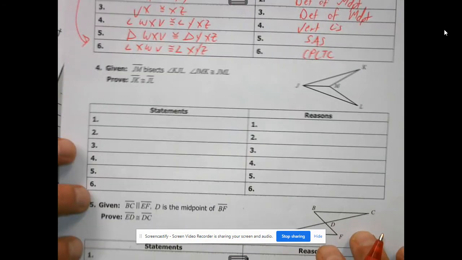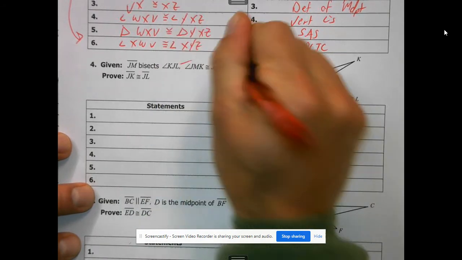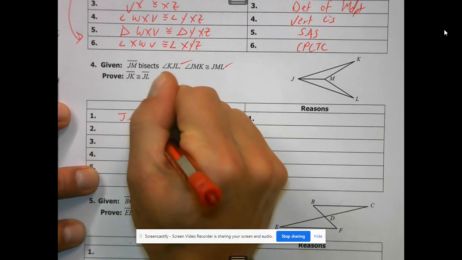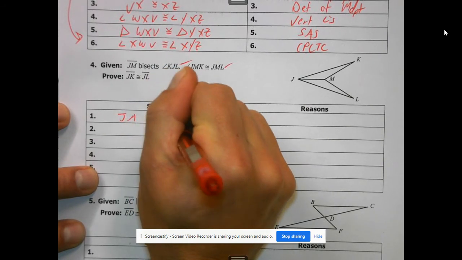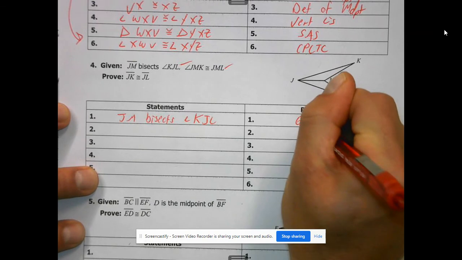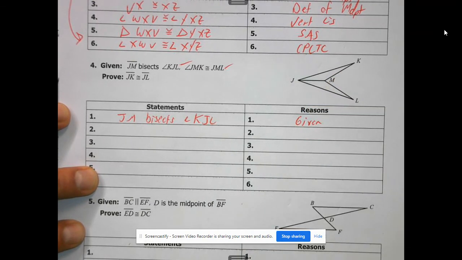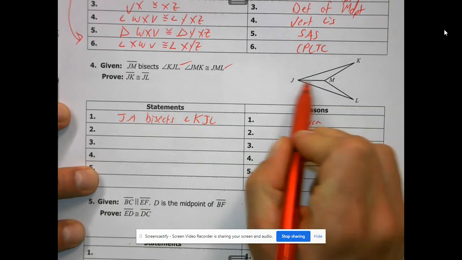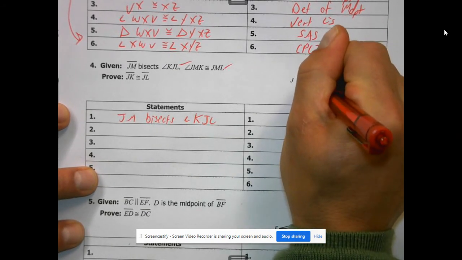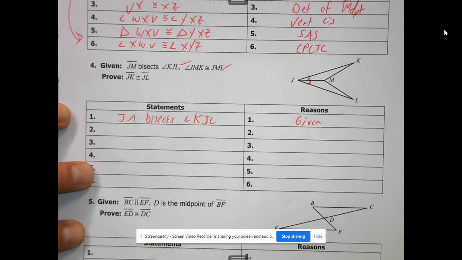Number 4. Two givens. First statement, first given. JM bisects angle KJL, that's given. Let's talk about the congruent angles now. So I know that JM bisects KJL, so these two angles right here are congruent. Then we got to say that.